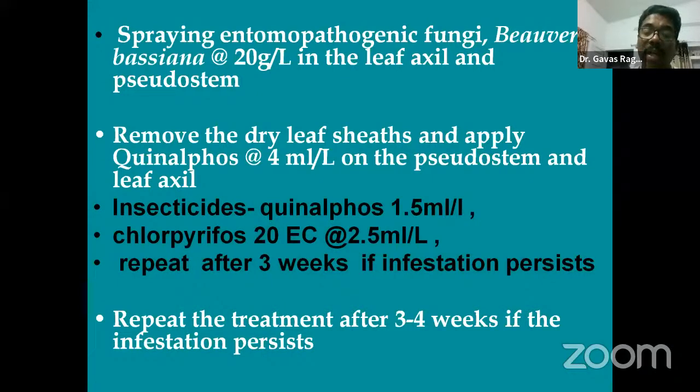But at the national level, the recommended chemical is chlorpyrifos, which is available in the market as Dustban, Hillban, Classic Radar and other names. Chlorpyrifos 20 EC is used, and the rate is 2.5 ml per liter. So we have to spray or swab these insecticides onto the pseudostem and into the leaf axil, which will prevent pseudostem weevil infestation.